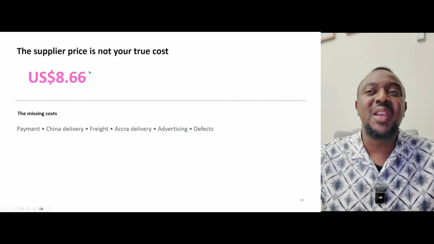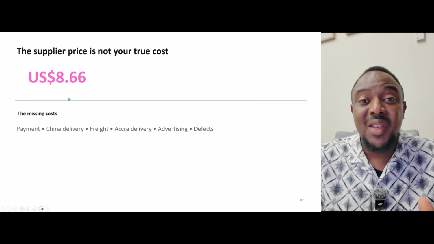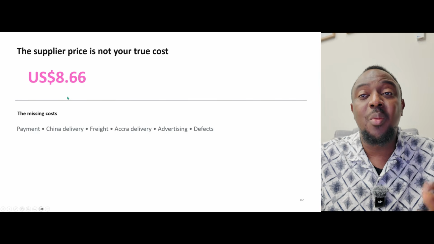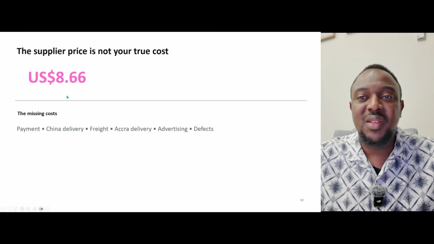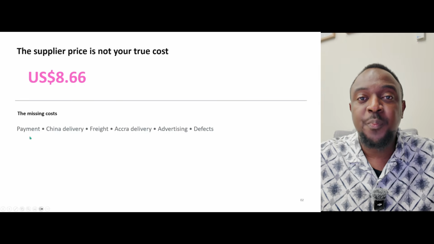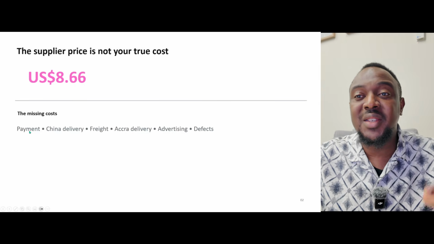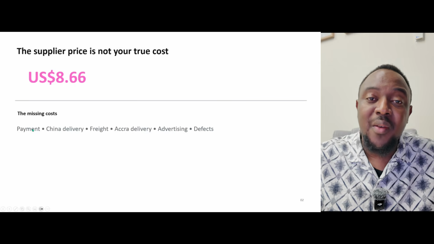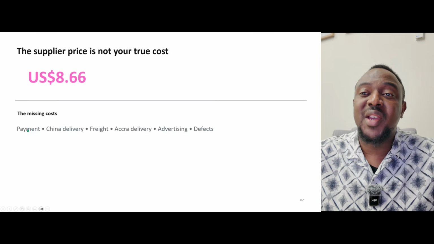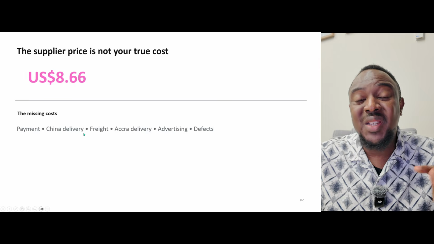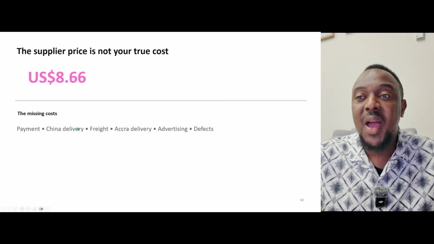But when people see this, they just say that's the cost, but you also have to calculate other costs, like how they make the payments from Ghana cedis to RMB or yuan, China delivery from the supplier to their freight forwarder or to the BuySellClub warehouse.